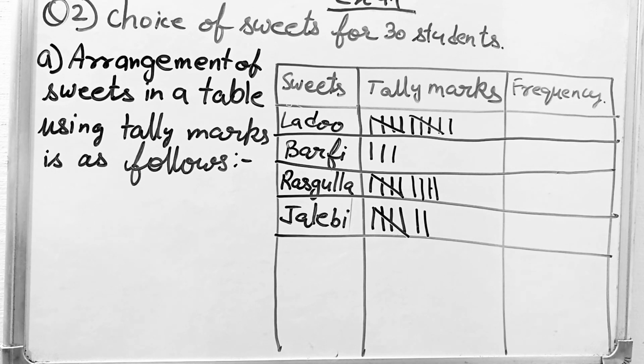So these are tallymarks for the 30 choices of students.